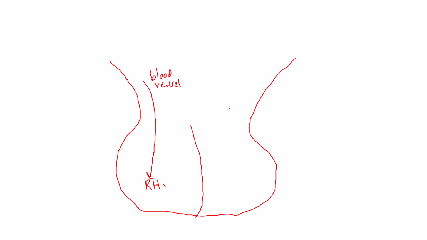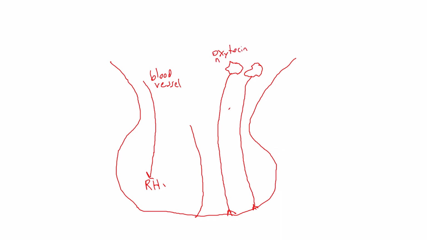Versus for the posterior pituitary, here instead, long neurons extend down to the posterior pituitary, and it's these neurons that are releasing the hormones. There are two types of neurons. One releases oxytocin, and the other releases ADH.